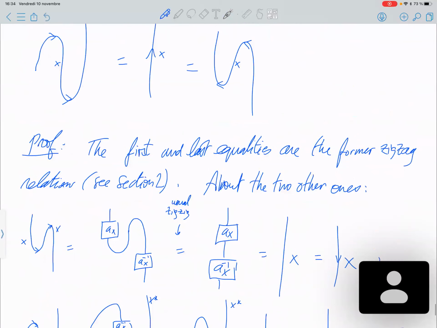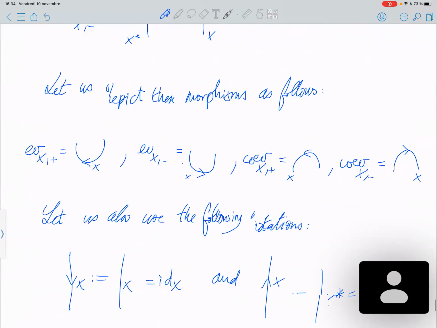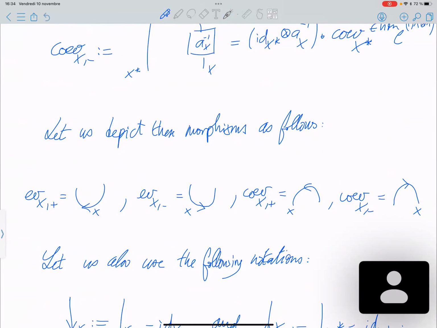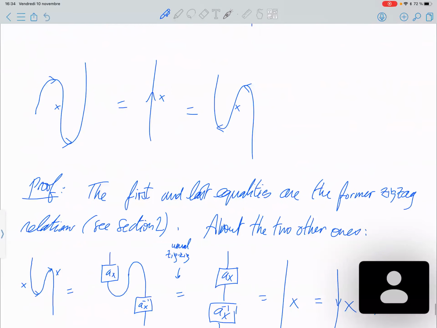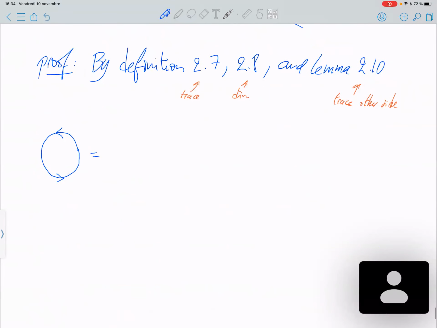Which one is the plus? The plus is from right to left. So you have that, and this one will be the minus, which is by definition something like that.